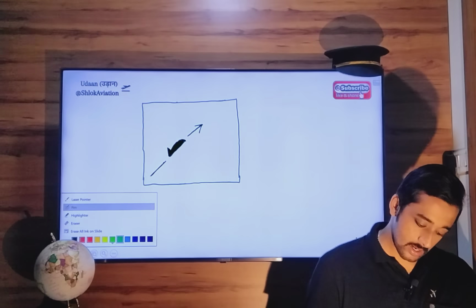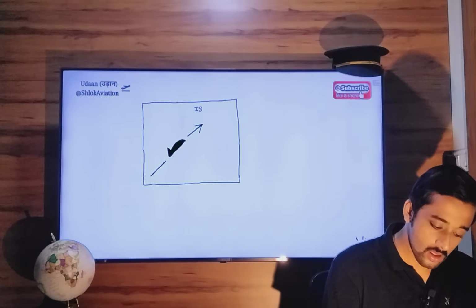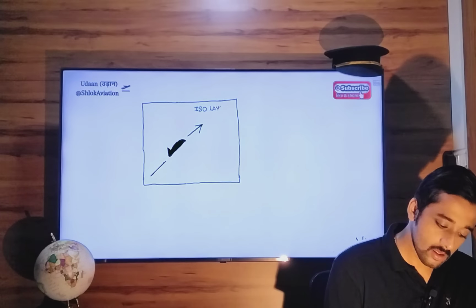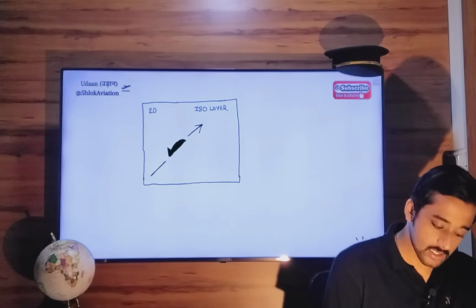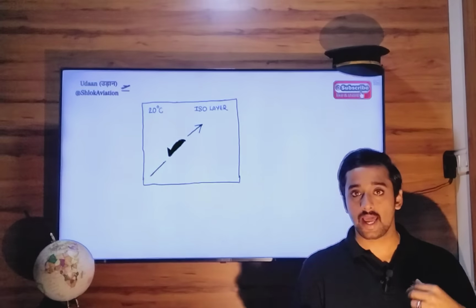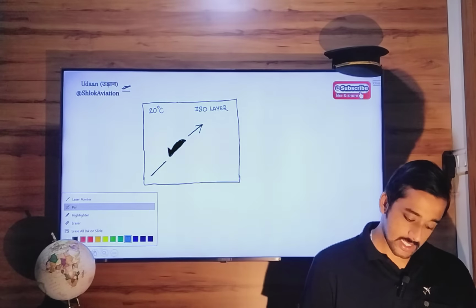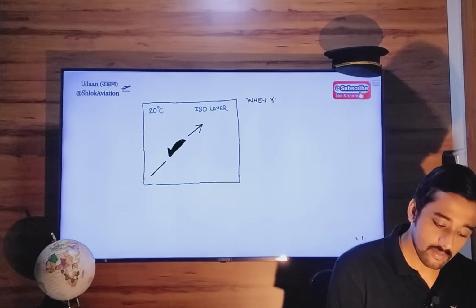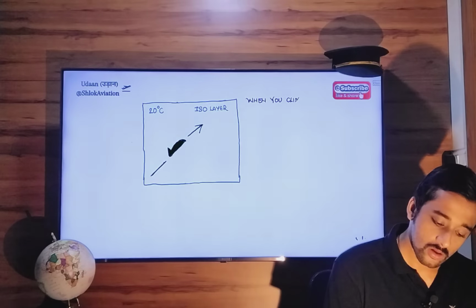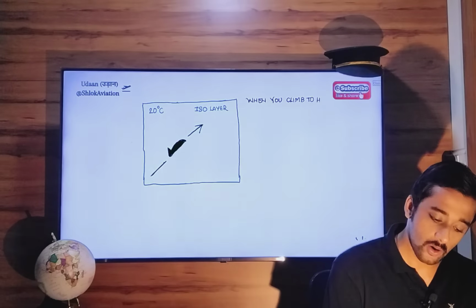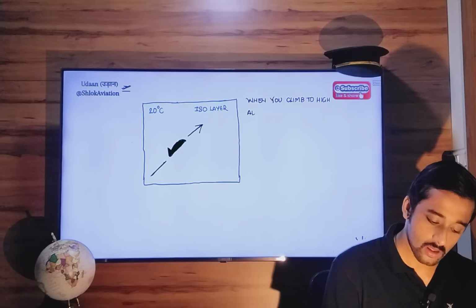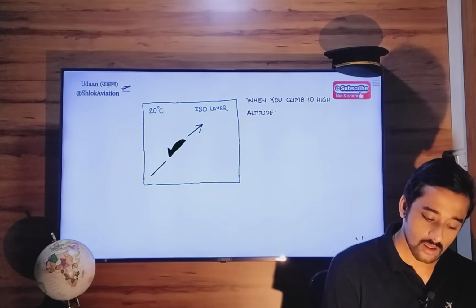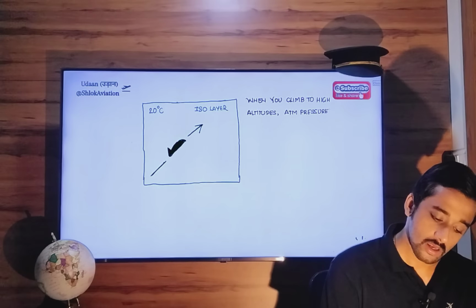Isothermal layer, let's say 20 degrees Celsius. Now what will happen to your calibrated airspeed? Very simple. When you climb to higher altitudes, atmospheric pressure decreases.